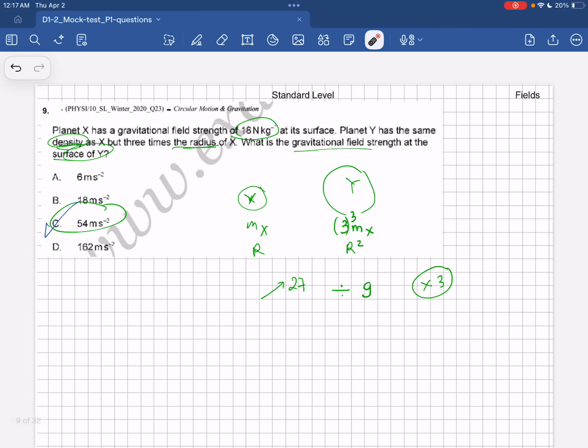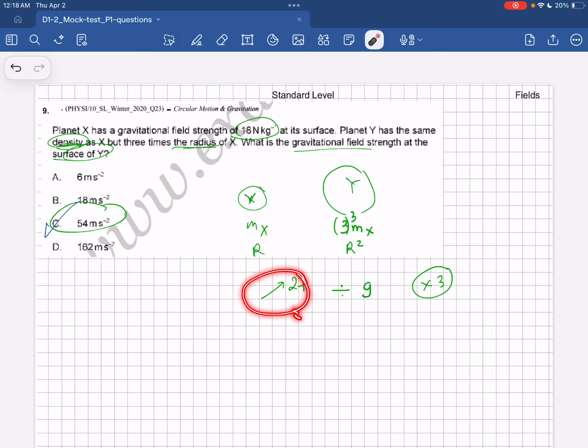9. Planet X has a gravitational field strength of this, and Y has the same density but 3 times the radius. If it's 3 times the radius, then the volume is 3 cubed, right? So the mass would be 3 cubed, 27 times the mass here.